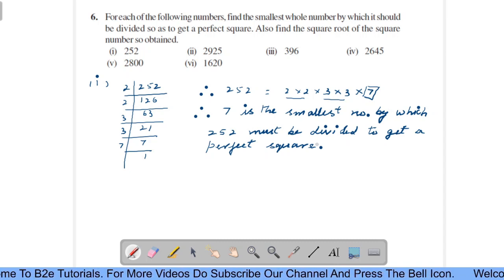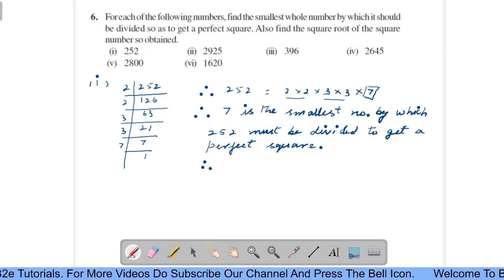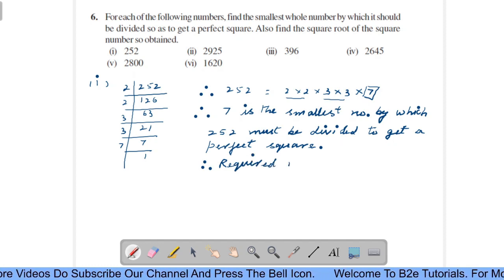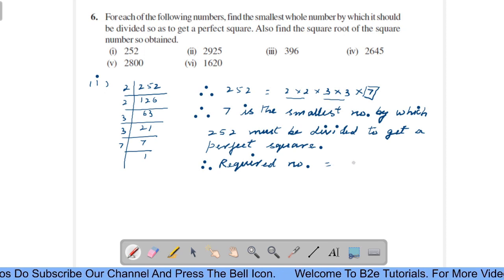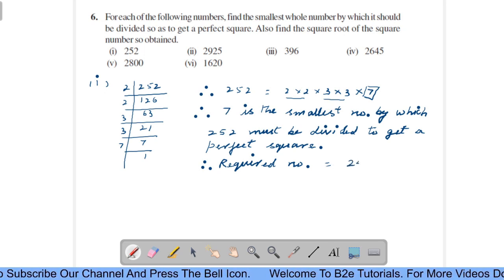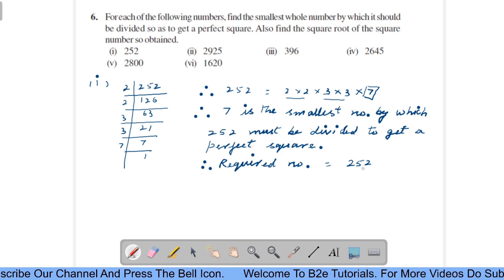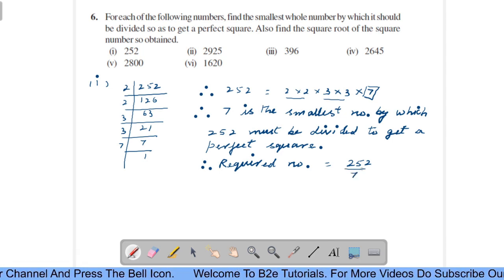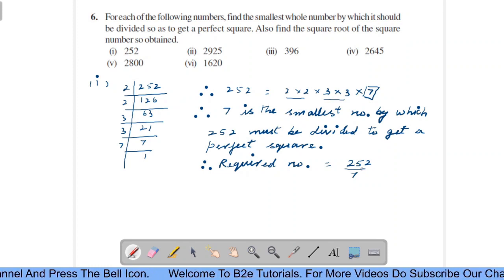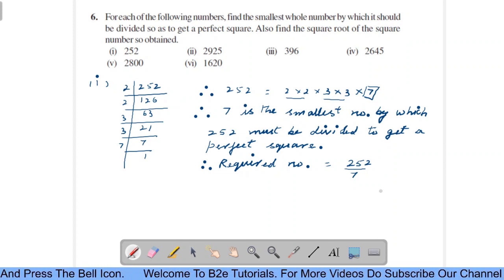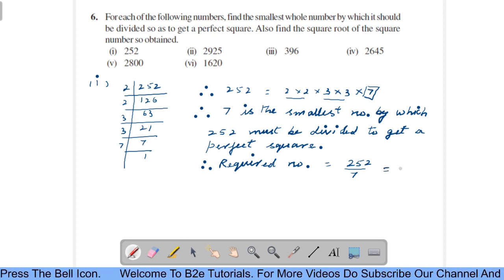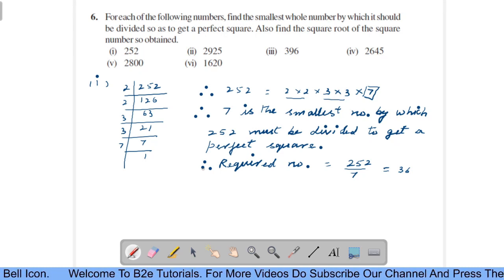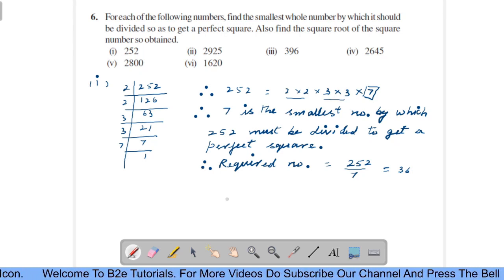Therefore required number equal to 252 divided by 7. It is 36. Therefore let us find out the square root of 36.